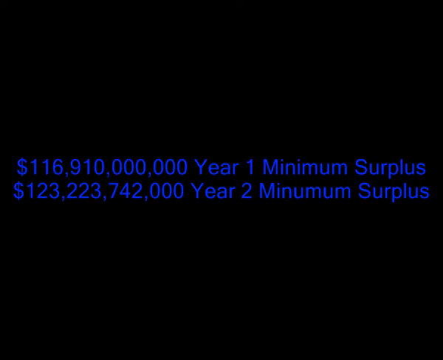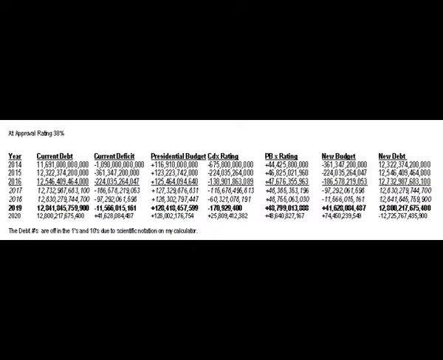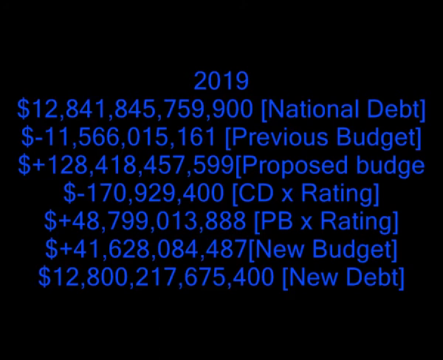Almost $8 billion more than last year, whether it's through increased taxes, cut spending, or a mixture of the two, that's beyond the scope of this video. We continue the pattern until after 6 cycles, we end up with a budget surplus of almost $42 billion.